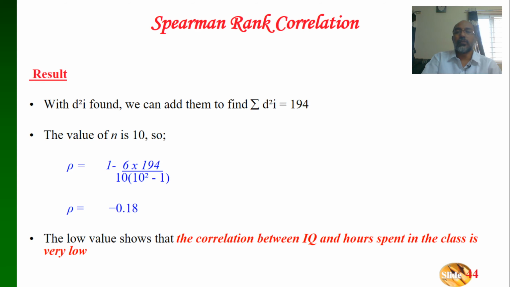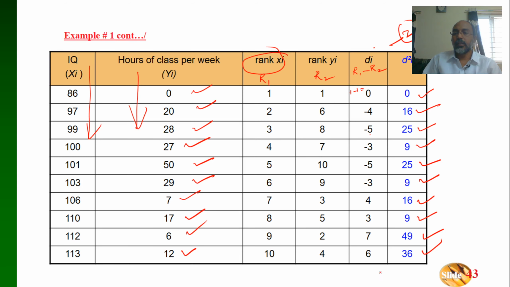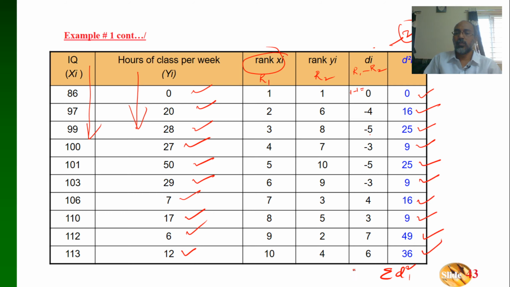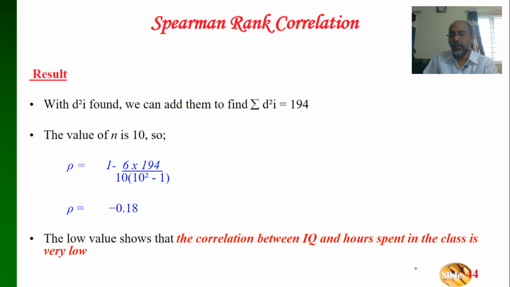Okay, so 194, we got it. So we need only sigma di square, which is equal to 194.